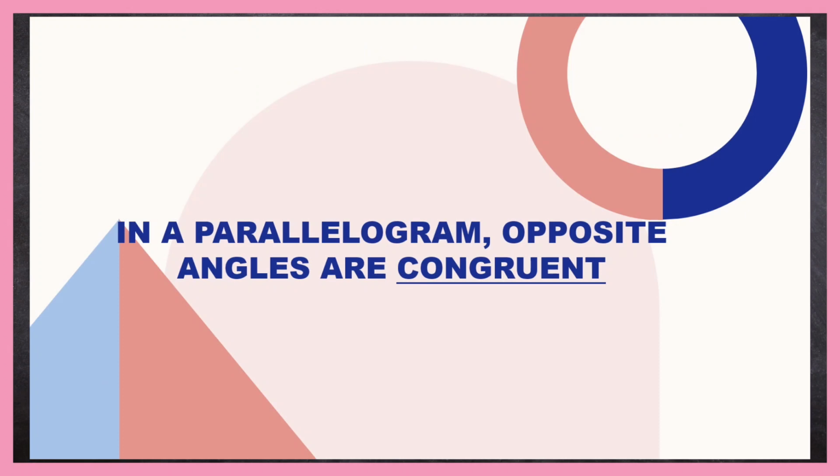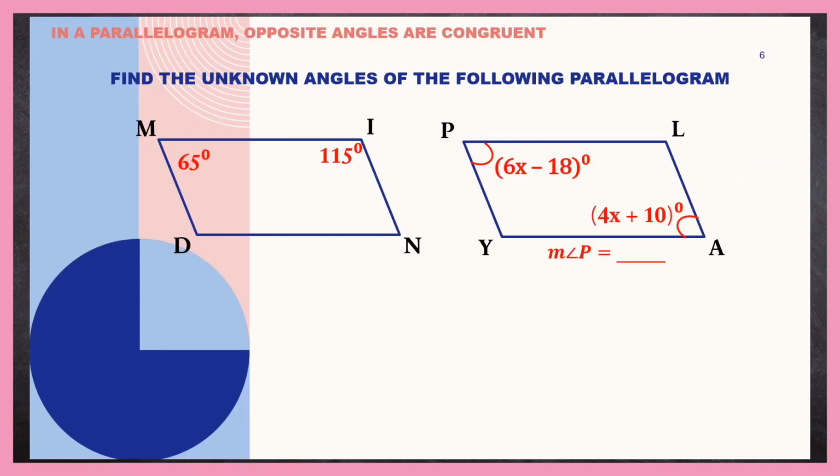Now let us proceed to the next property, that in a parallelogram, opposite angles are congruent. So we find the unknown angles of the following parallelograms. We have the first figure, parallelogram MIND, and the second figure is parallelogram PLAY. So for us to solve this kind of problem, we need to use the properties of parallelogram regarding opposite angles.